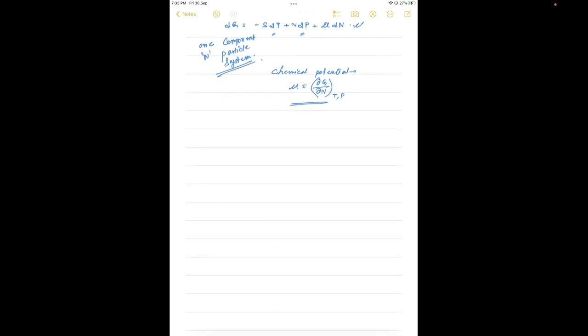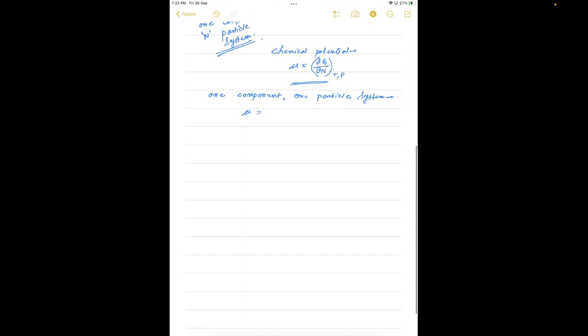Now for one component, one particle system, we know the chemical potential mu equal to u plus Pv minus Ts, but these are small u and small v.